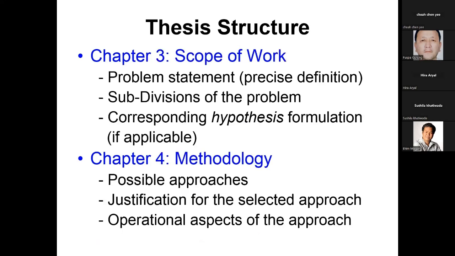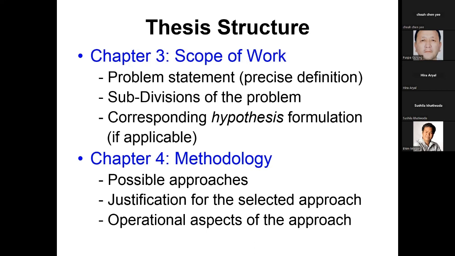Then the scope of the work, problem statement, precise definitions, subdivisions of the problem, and corresponding hypothesis formulations, if applicable. So here you have to write down the scope of your research. Then you have to make a statement of the research problem, then subdivisions of the problem, then the hypothesis.